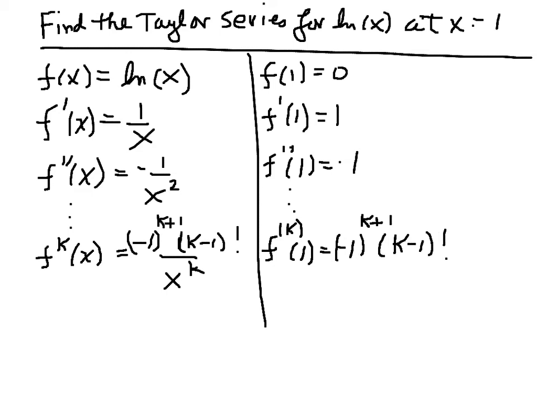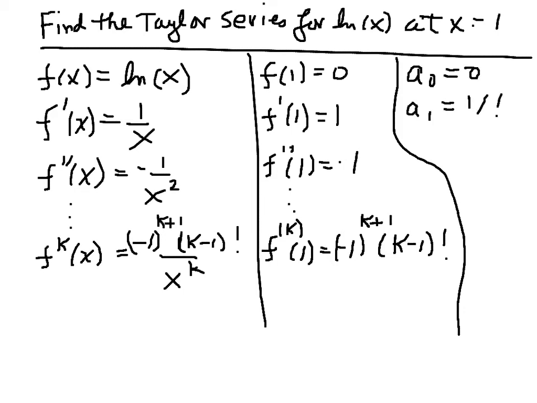All right? So now we find the a's, and I know we're running out of room here. So a sub 0 is 0. a sub 1 is 1 over 1 factorial. a sub 2, that was a minus, is minus 1 over 2 factorial.